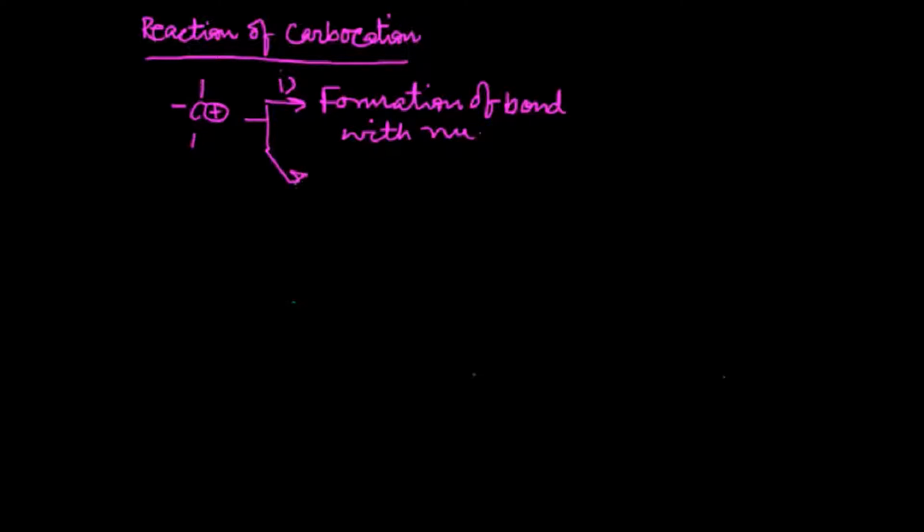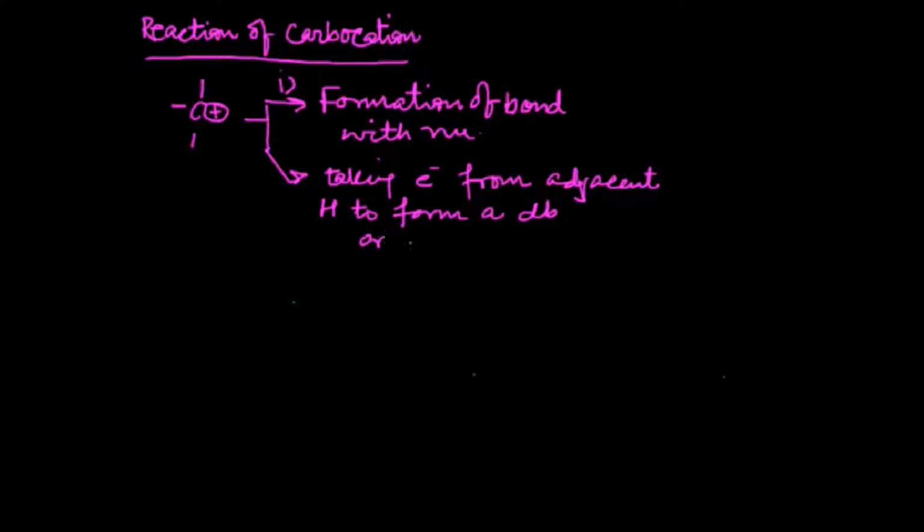Or alternatively, it can react within the ionic system only, taking up electrons from an adjacent hydrogen to form a double bond, or we can say loss of alpha hydrogen.